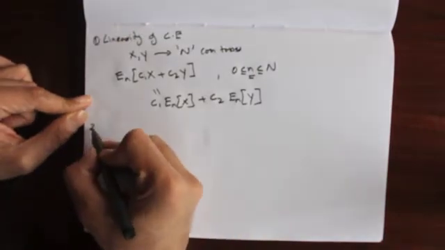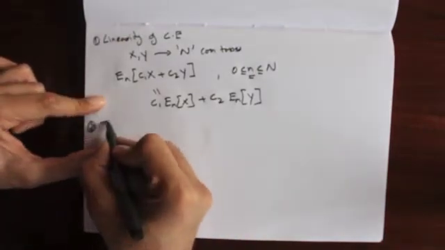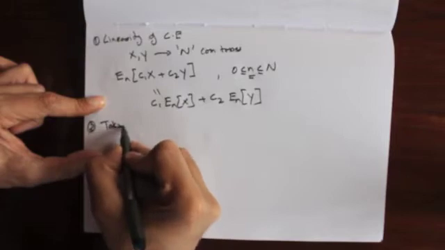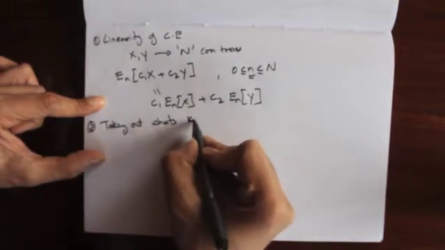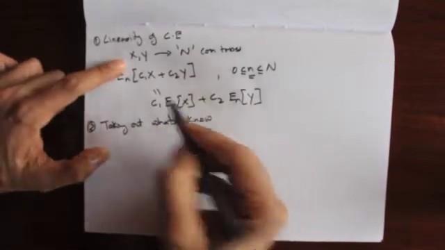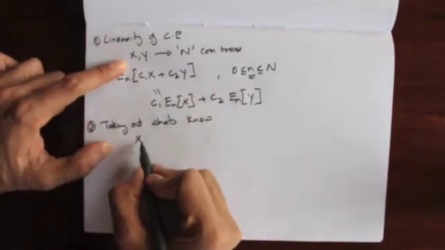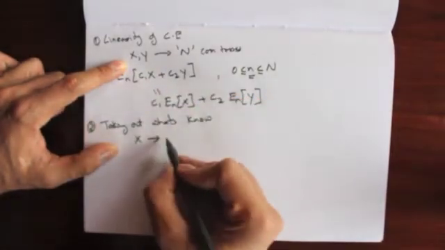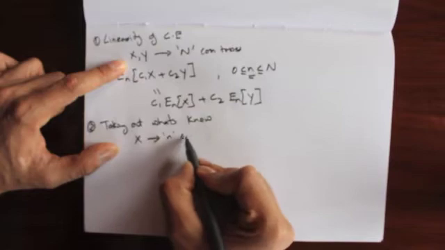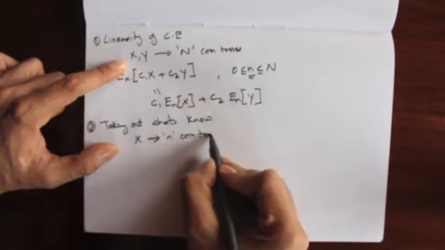Now next what we want to talk about is taking out what's known. Now let's assume that we have another random variable x again, but instead of depending on the first capital N coin tosses, it depends only on the first n coin tosses.